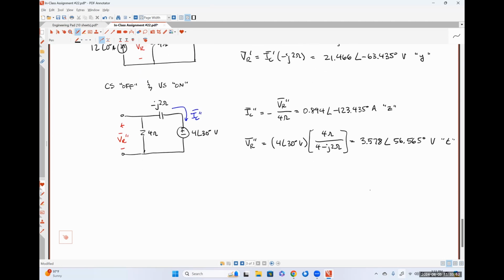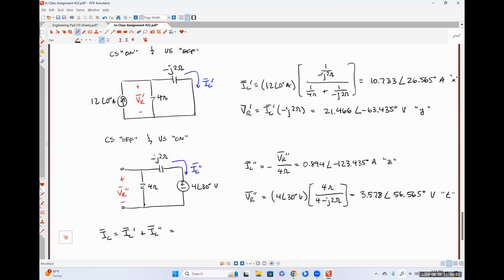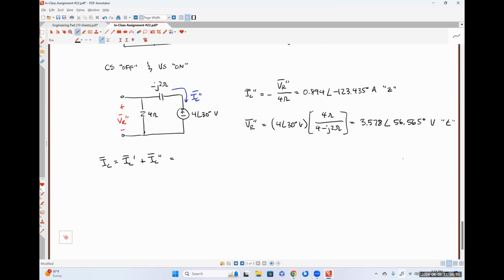So let me just double check something here real quick. All right, so from here, I can say that IC is just IC prime plus IC double prime, which should be X plus Z, or 9.9685.